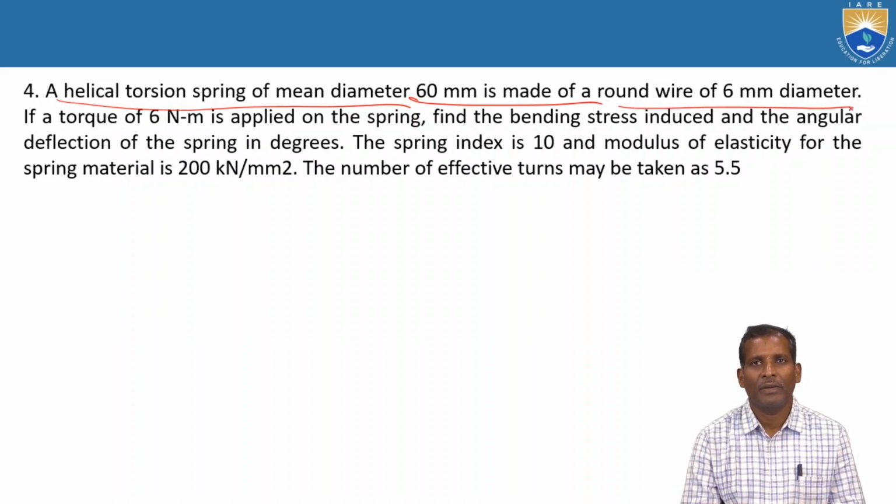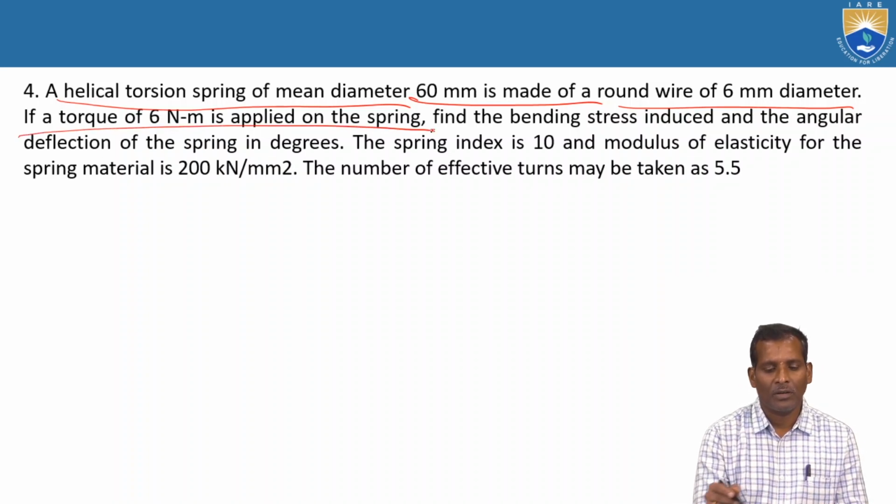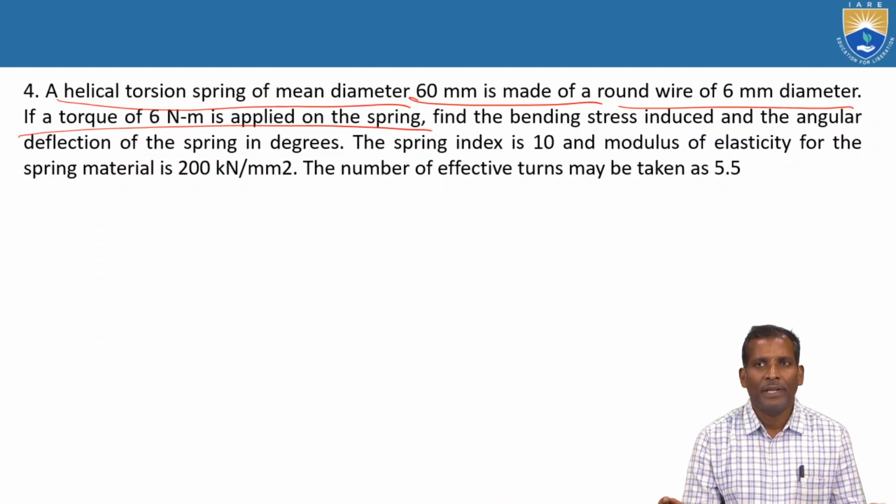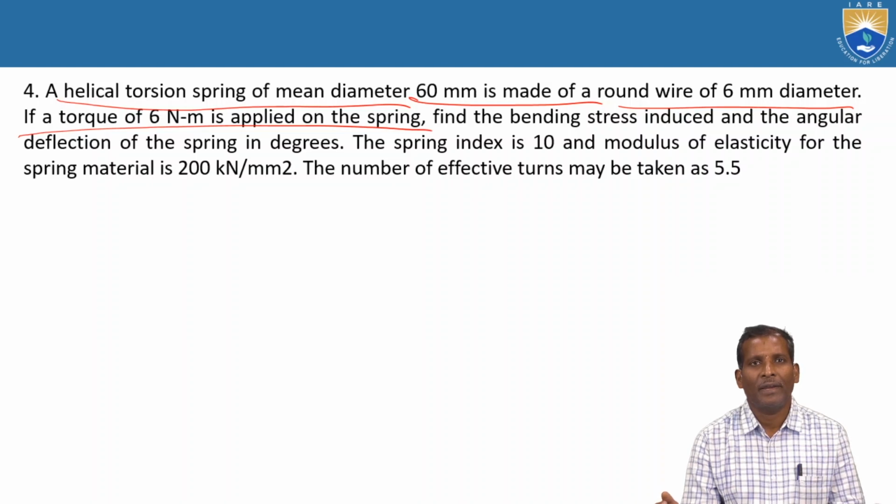So the wire diameter is given and capital D is also given. If a torque of 6 Newton meter is applied on the spring, because this type of spring is a torsion spring, find the bending stress induced and the angular deflection of the spring in degrees, that is theta.